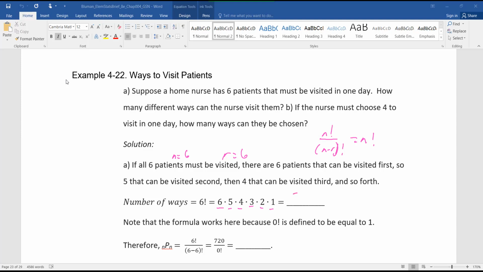Then double that, 720. Yes. All right, note the formula works here because 0 factorial is defined to be equal to 1. So therefore, this is what it gives you if you use the formula as well. Any questions? 720. All right.